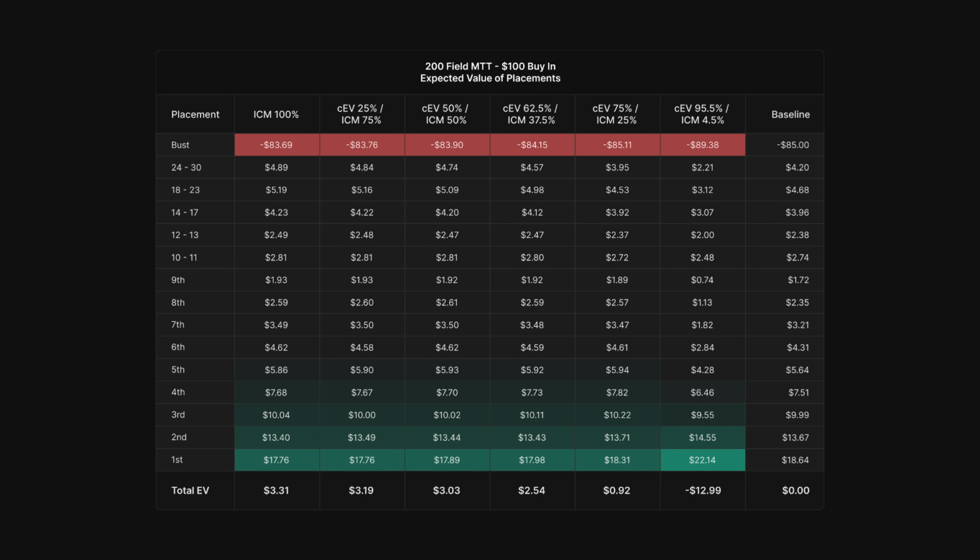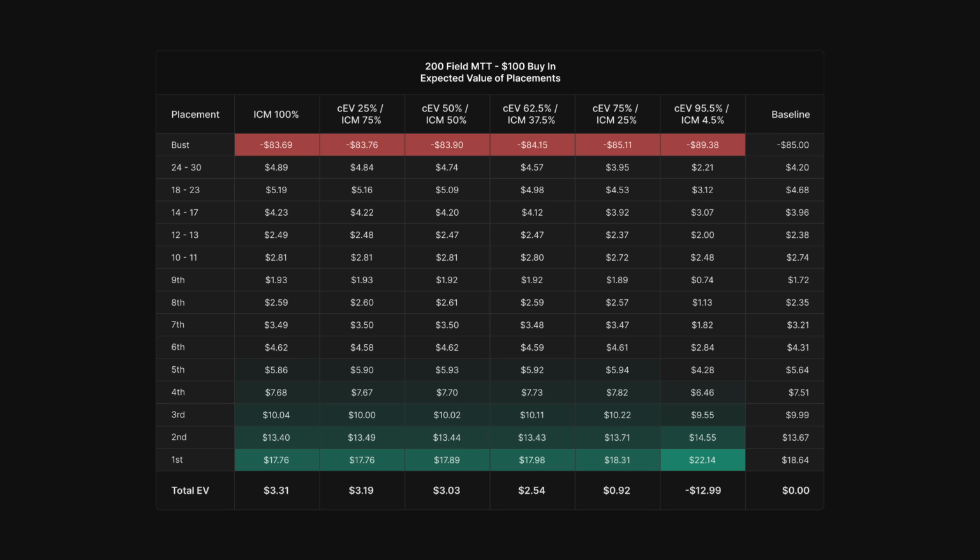Lastly, we can graph each of these placement probabilities according to how much money they make. So here I've used a $100 buy-in, and here's the expected value of different placements. So for example, ICM 100%, when they bust, on average, they're busting 83.69% of the time, so they're losing $83.69.